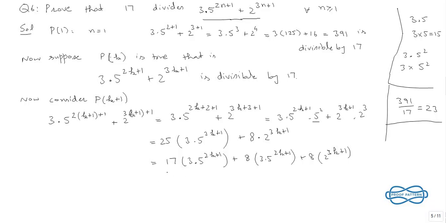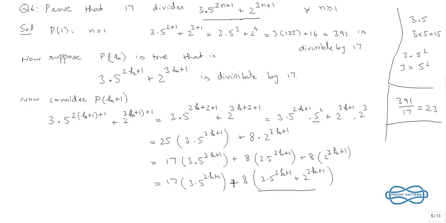And if we take 8 as a common integer, then we will get 3 into 5 to the power 2k plus 1 plus 2 to the power 3k plus 1. Here this is plus, not equal.